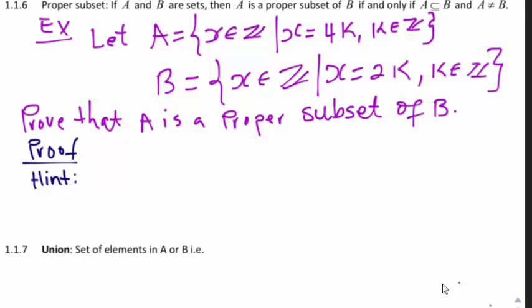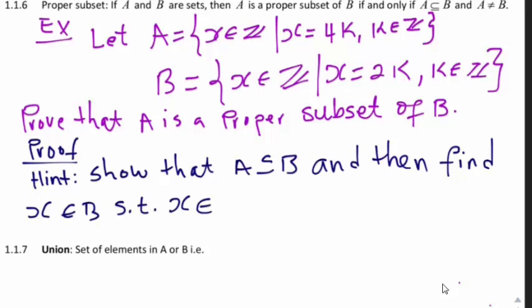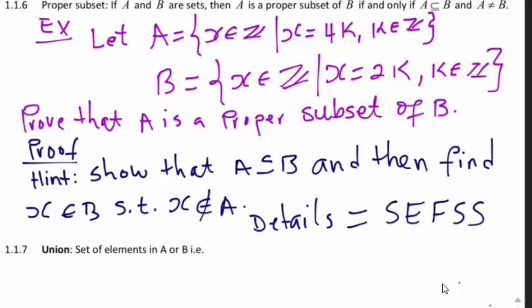Proof. Hint. Show that A is a subset of B, and then find an element X in B such that X is not an element in A. Details of the proof, I leave that as a SEFSS.